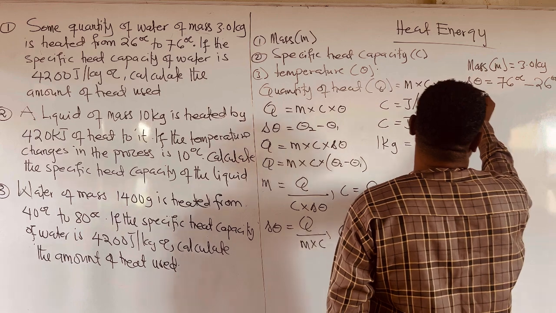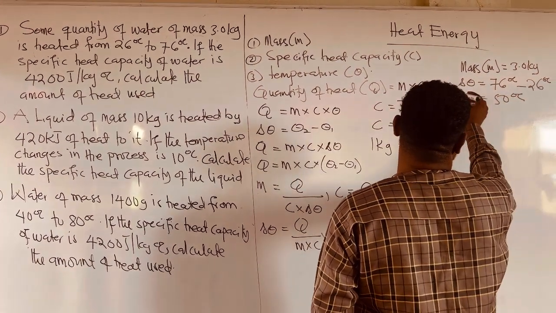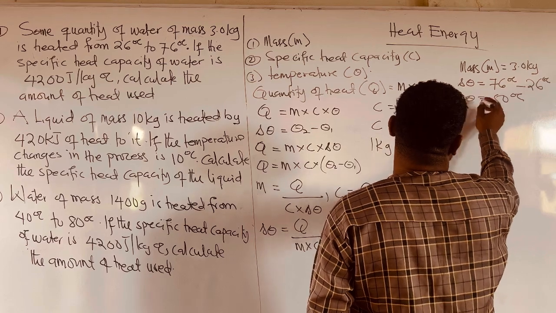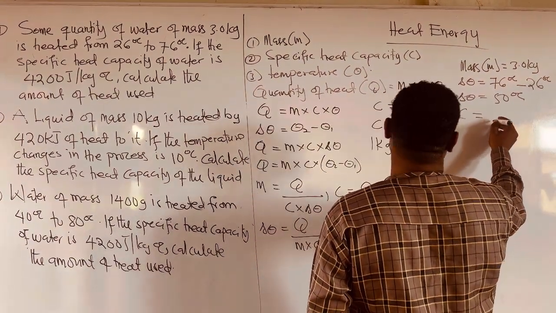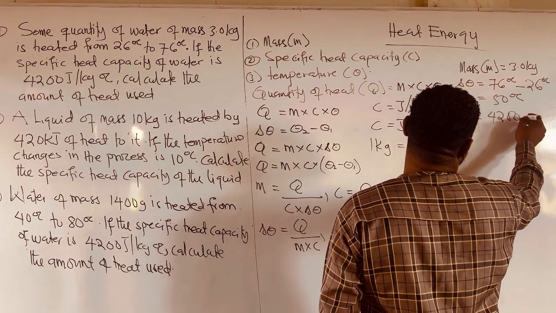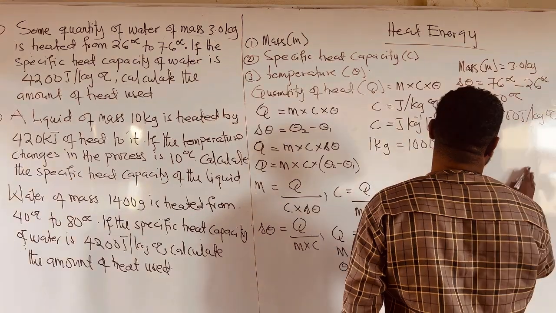So in this case, we are going to get 50 degrees Celsius for the change in temperature. Again, we have been given the specific capacity of water to be 4200 joule per kilogram per degree Celsius.